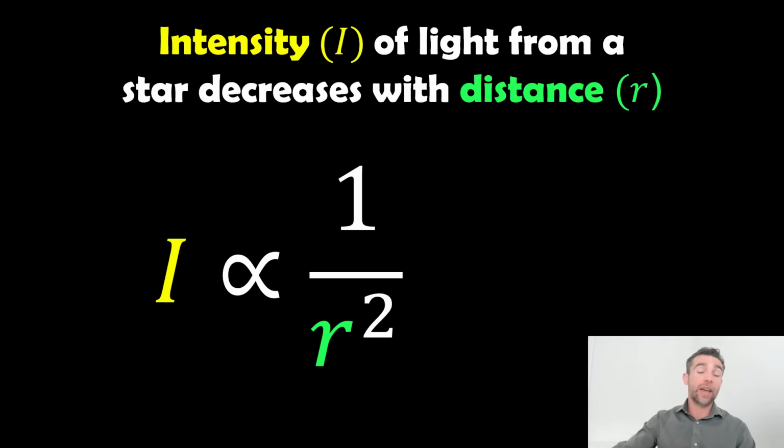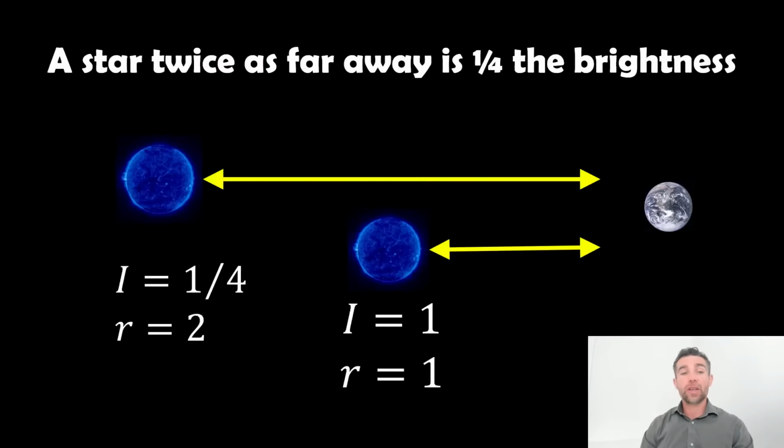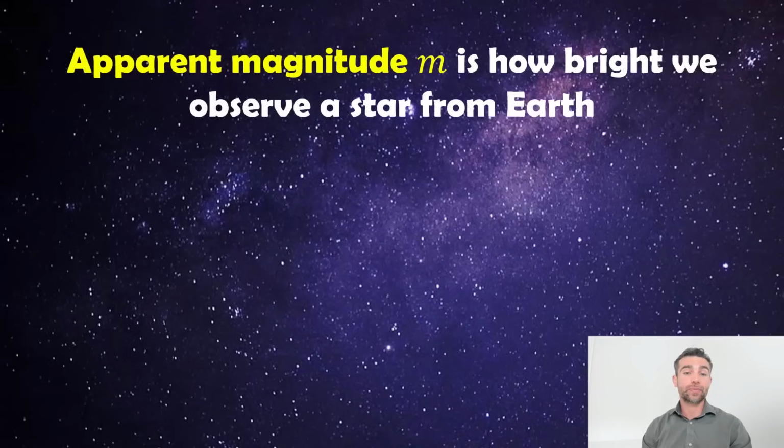So we can then find out the distance. So just to put this into context really, if a star is twice as far away from us as another star, then it will appear 1/4 the brightness. Just to give you a bit of an idea how that intensity drops off with that relationship.